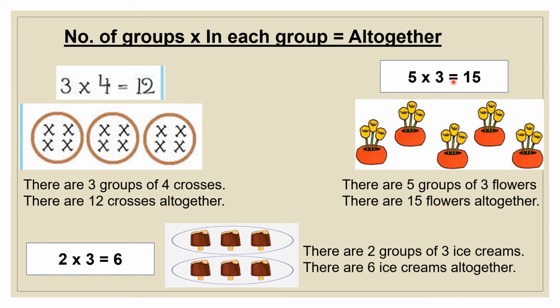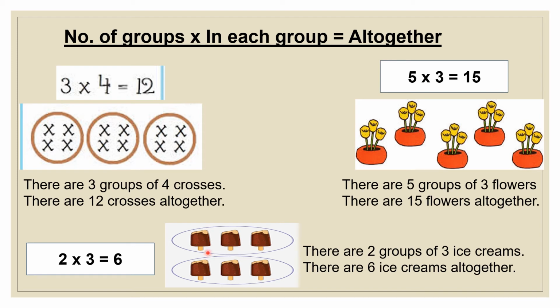So 5 into 3 is 15. How many flowers are there altogether? 15 flowers. There are 5 groups of 3 flowers. There are 15 flowers altogether. That means in each group we have 3 flowers. So the altogether amount is 15.